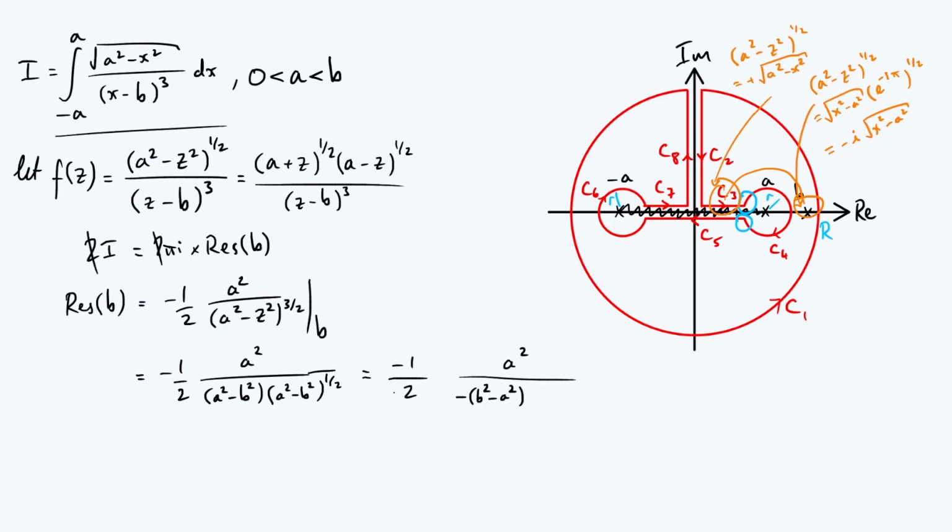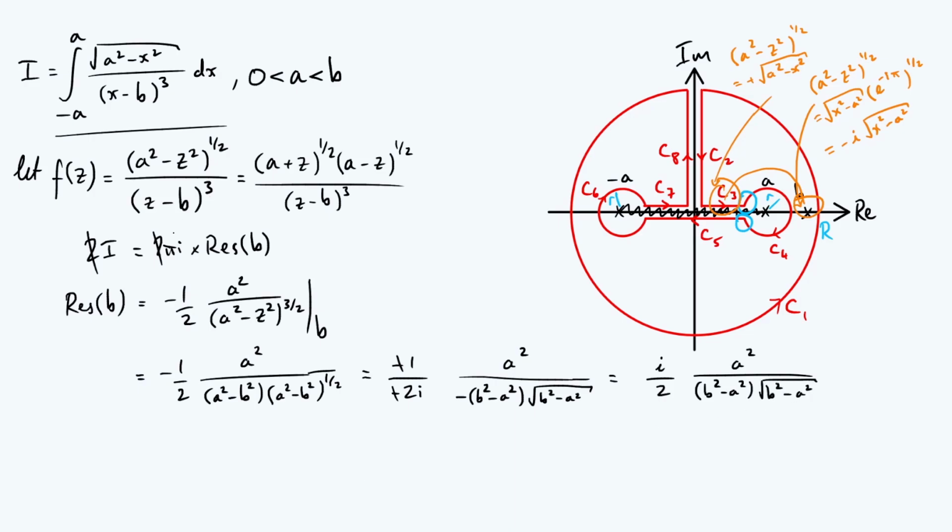So I'm going to stick the minus i there, and I'm going to put the square root of b squared minus a squared there. Then some minus signs are going to cancel. This and this are going to cancel. Then you've got minus i in the denominator. 1 over minus i is just i. And so this just simplifies to i over 2 times a squared over b squared minus a squared times the root of b squared minus a squared.